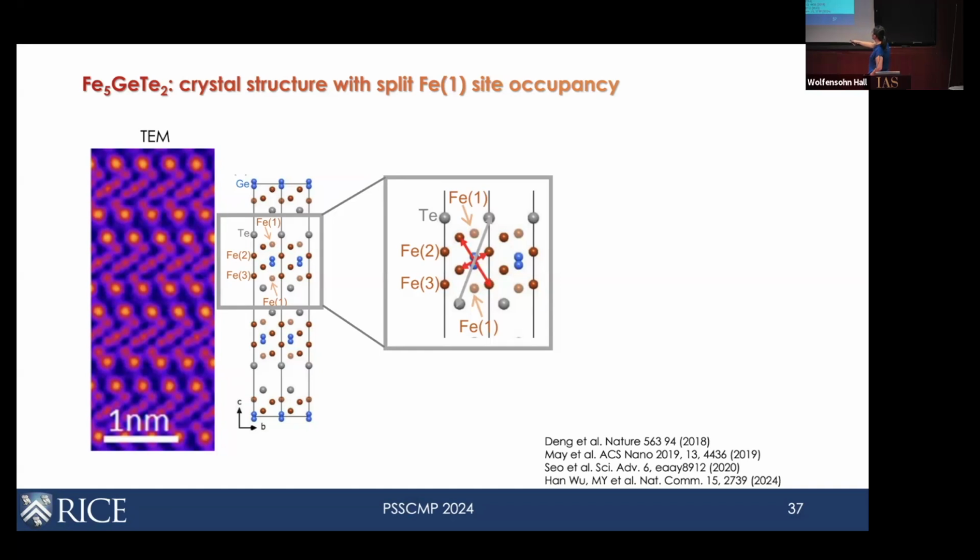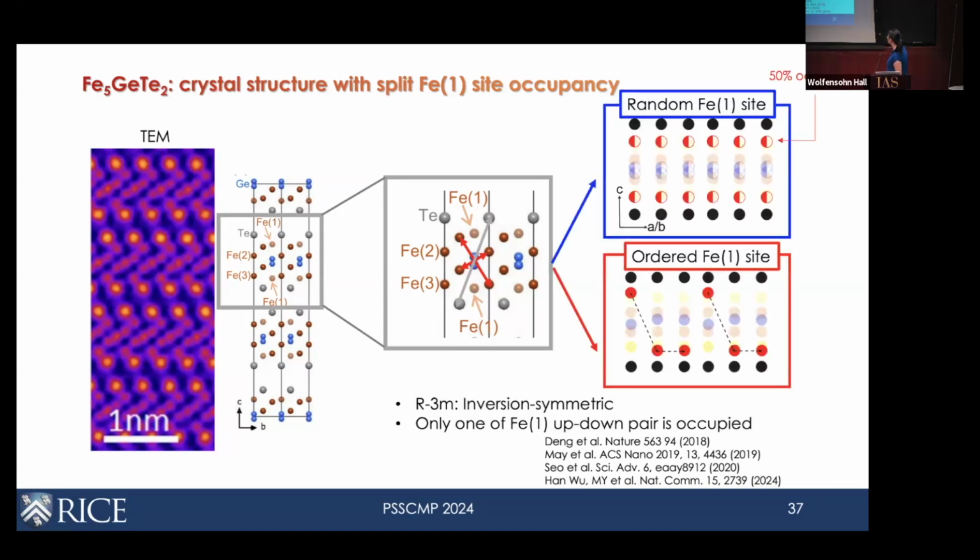If you have exactly Fe5-1-2, then between every up-down pair only one of these can be occupied. So the crystal has to choose which one to occupy for every up-down pair. And it turns out that the crystal can be stable in two forms, and this is where the vacancy ordering comes into play.